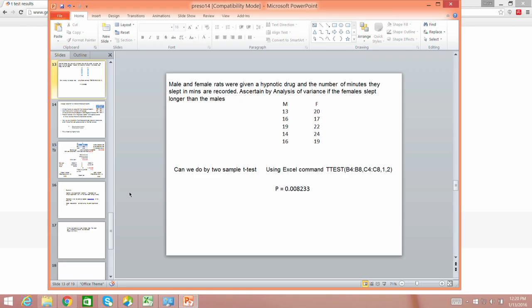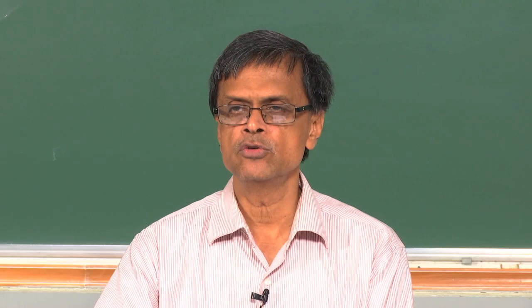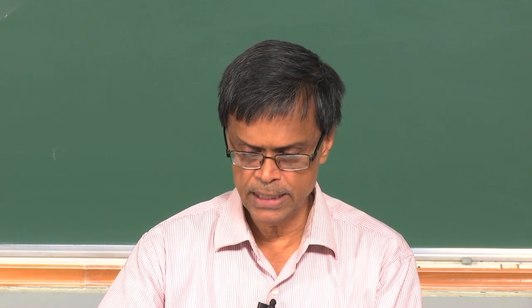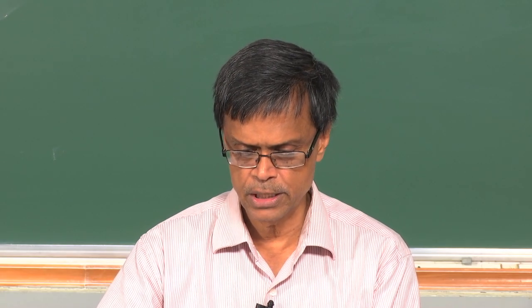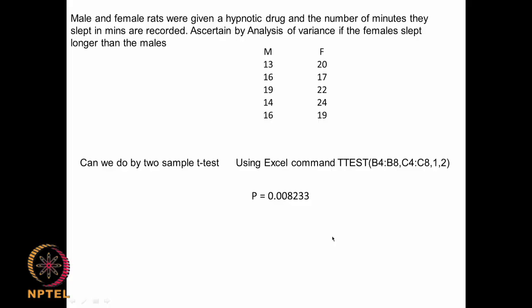But in this particular problem, whether we use ANOVA, or a 2 sample t-test of equal variance or unequal variance, we see that the p value is very small, 0.008, in that order, 0.0082. So we can reject the null hypothesis, but in some cases we find ANOVA may be more accurate.